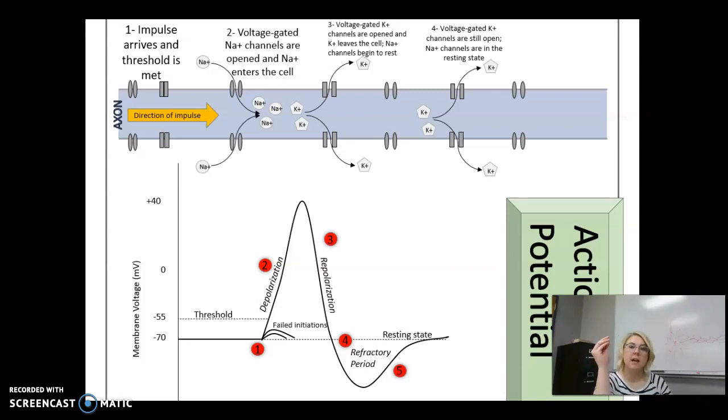Voltage-gated potassium channels are still open, and sodium channels are now at a resting state. So it's basically saying everything's as it should be, the world is exactly right in the land of the neurons, and everything's calm. The sodium-potassium pump restores to the original, so it goes back to the beginning after that.